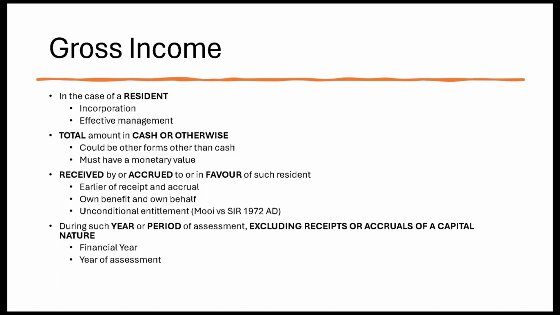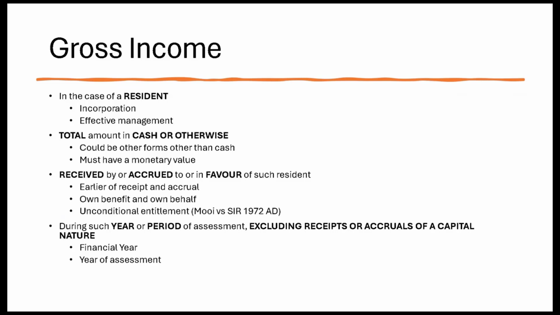The moment you have one of these items not being true, so this person is not a resident, we need to start looking at the rules that apply to non-residents. For your level, you assume it's a resident if it's given to you as a resident, and if you're told it's not a resident, then you don't have to worry about going through this process.